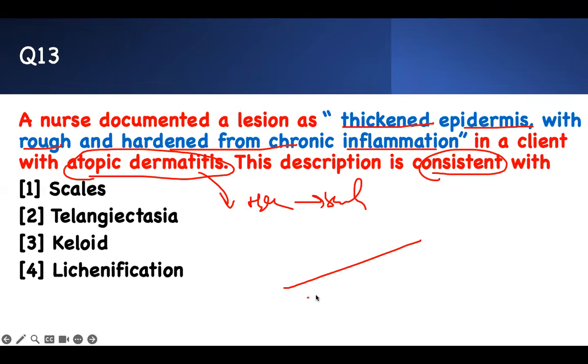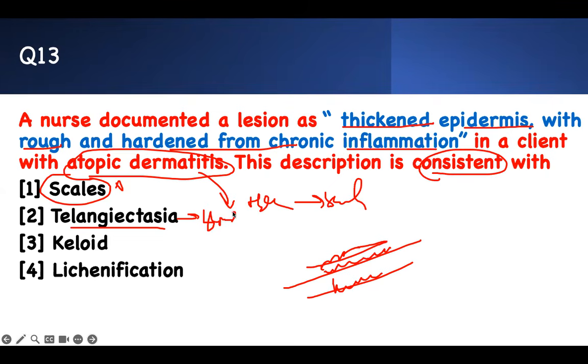You see the epidermis become like lines, thickening epidermis, and you can see the inflammation. This is from excessive scratching. What is the name you describe it? Thickening epidermis with roughening from chronic inflammation. We already saw scales; scales peel off. This is not peeling off. This is thickening. Telangiectasia, even if you don't know, has something to do with blood vessels.